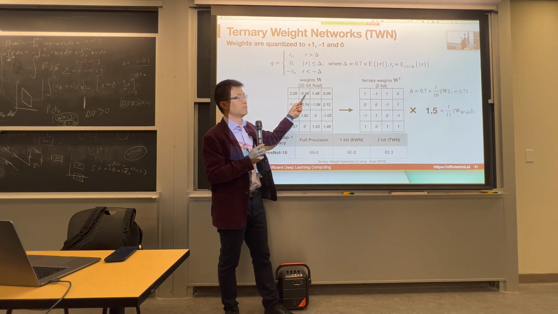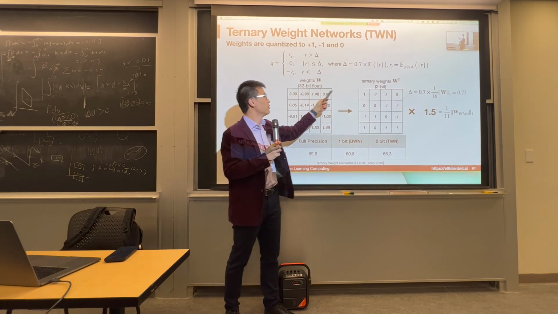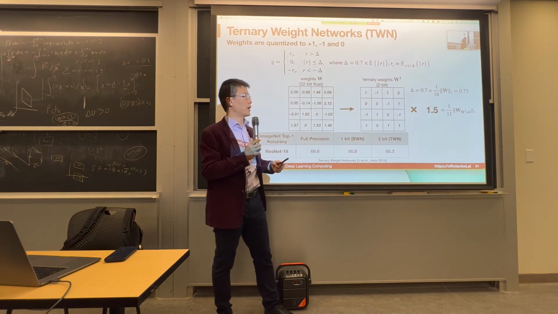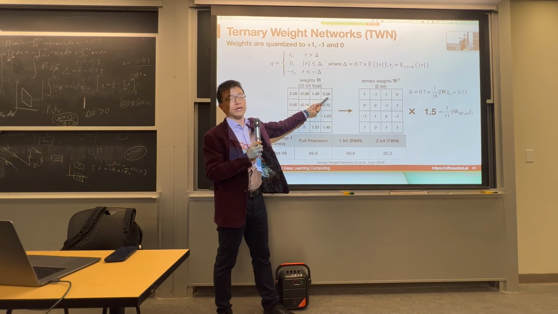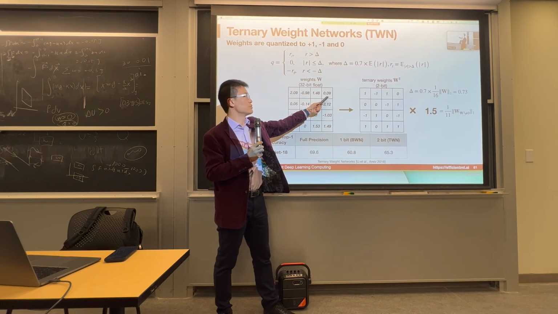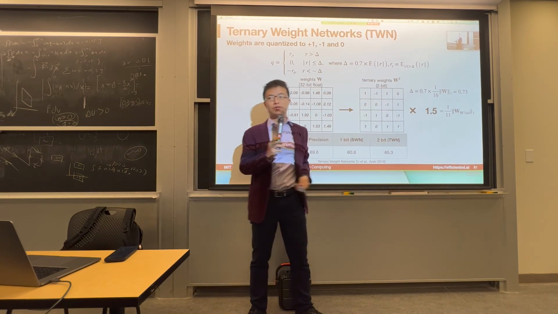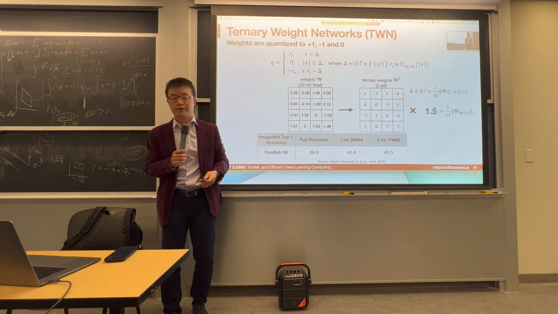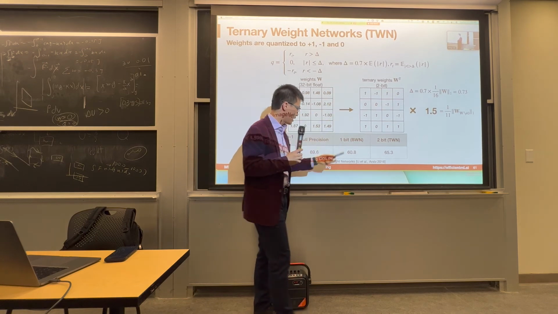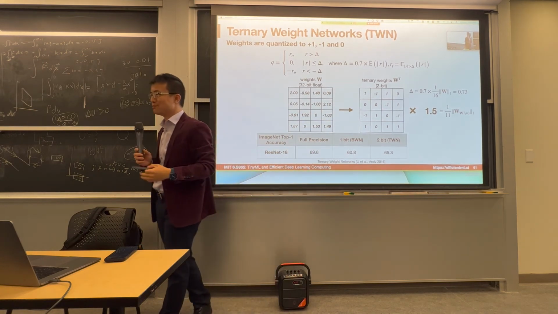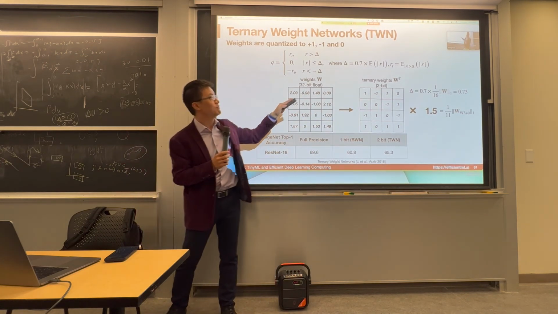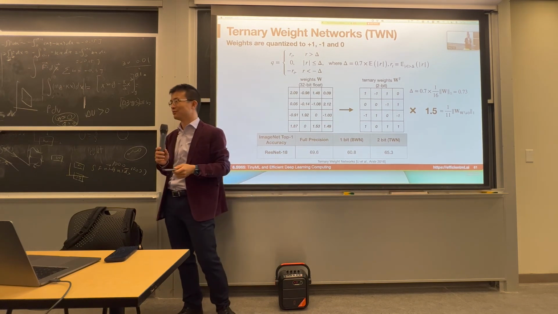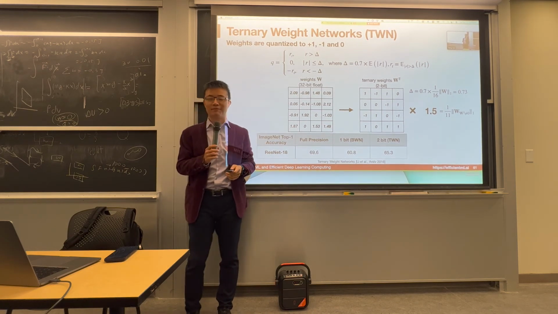Everything smaller than -0.73 will be quantized to -1. And something between -0.73 and +0.73 will be quantized to 0. Question: where does the 0.7 come from? This is an empirical value from this paper, showing that the mean times 0.7 is a good point to estimate the threshold.